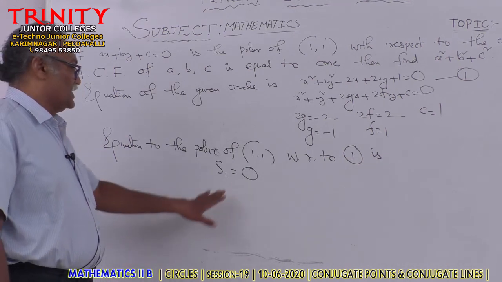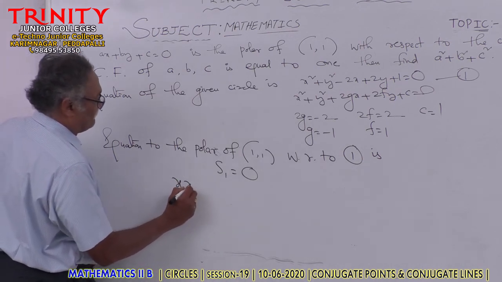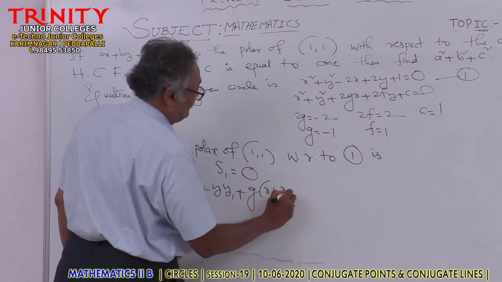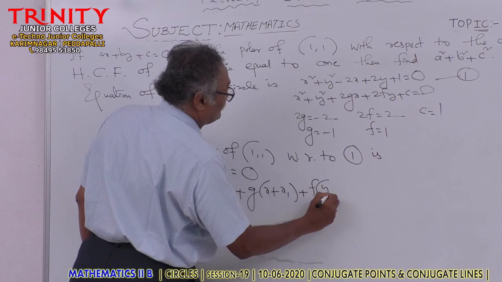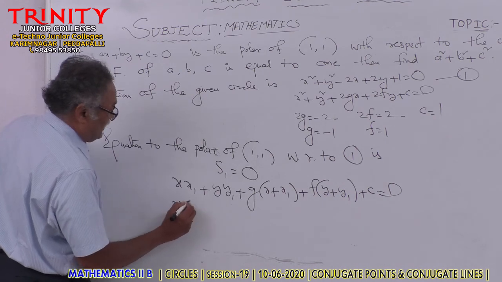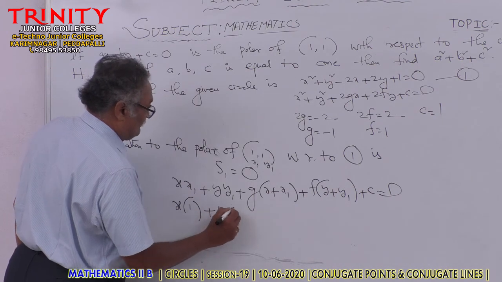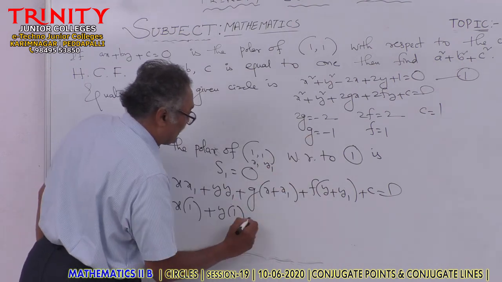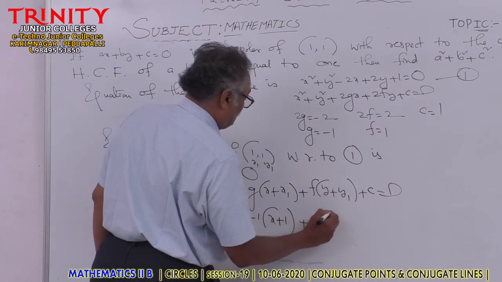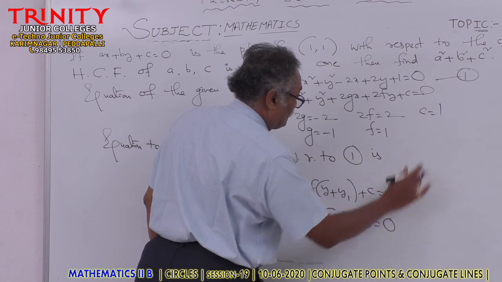Equation to the polar S1 is equal to 0, that is x1 plus y1 plus g of x plus x1 plus f of y plus y1 plus c is equal to 0. x1 plus y1 g minus 1 into x plus 1 plus f 1 into y plus 1 plus c 1 equals to 0.